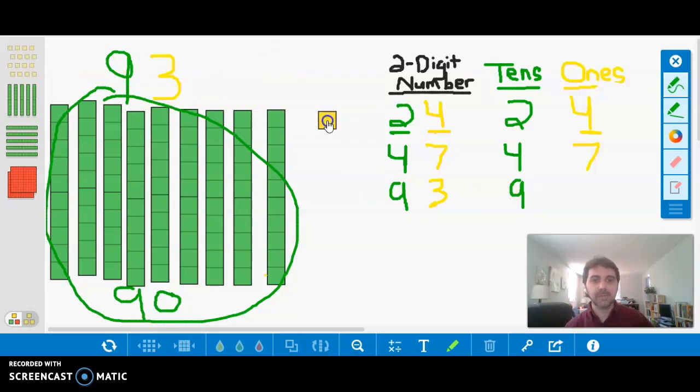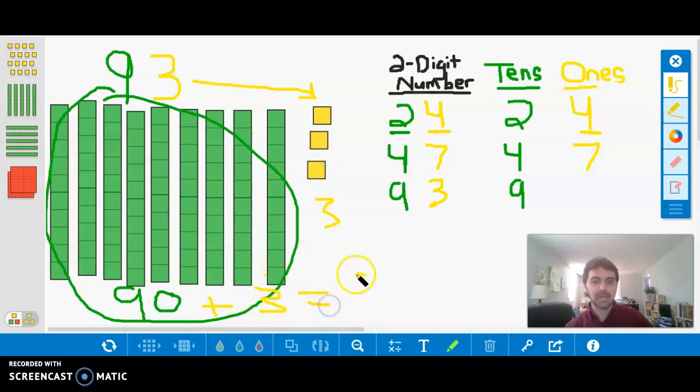We still have 3 left over. So let's put 1, 2, 3. So there's our 3 leftover Starbursts. Right here. Okay, so we have 3 here. And 90 plus these 3 gives us 93. So there's a 3 in the ones place, and here's our 3.